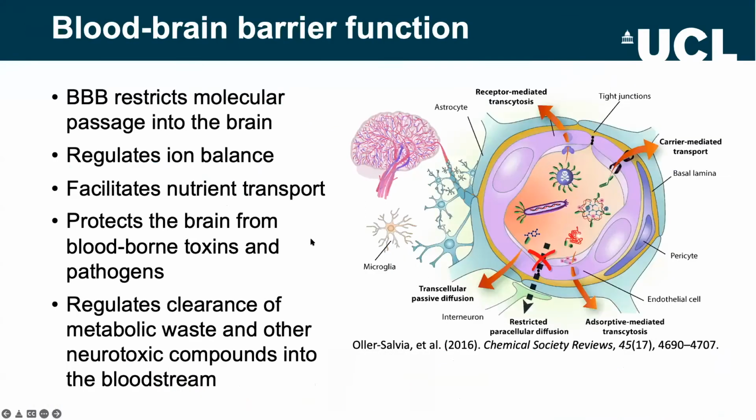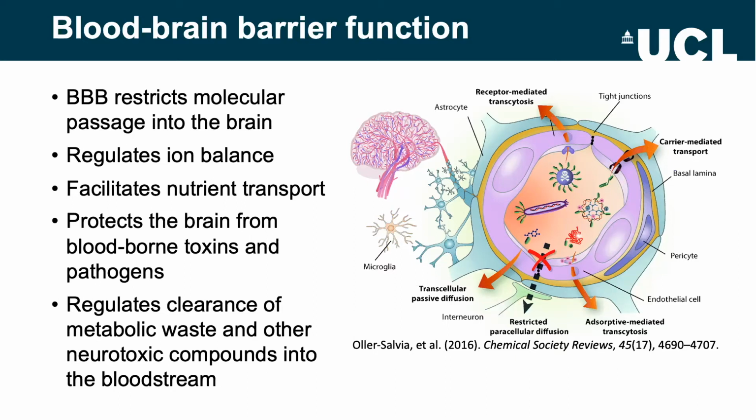Okay, so the blood-brain barrier. I'm assuming most of you are aware of the blood-brain barrier and roughly what it does, but just in case, here's a sort of entry-level description. The blood-brain barrier essentially separates the blood in the vasculature of the brain from the brain tissue, and it's there fundamentally to restrict and regulate molecular passage from the blood and into the tissue, and also to regulate the clearance of waste products in the other direction.